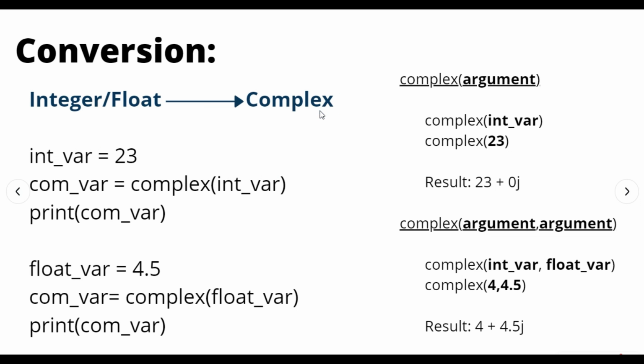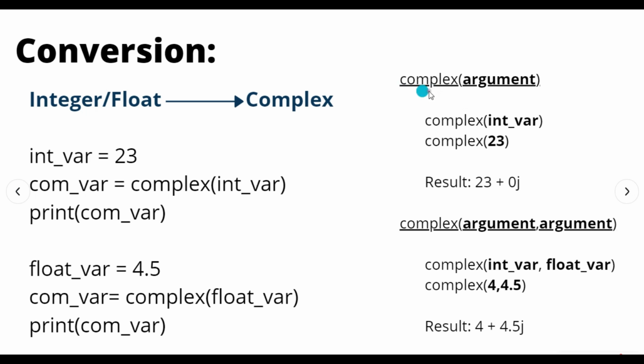For this you have to remember one function, that is the complex function. The complex function will help you convert any number, like an integer or a float, to a complex number.